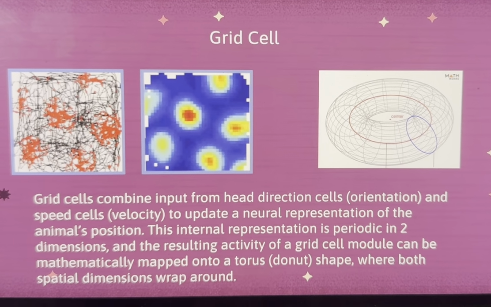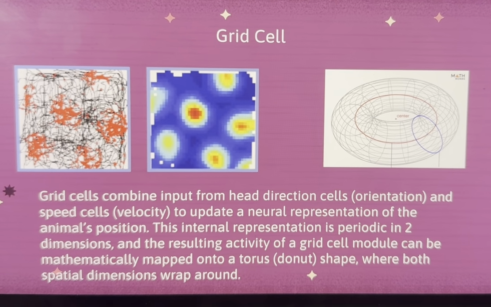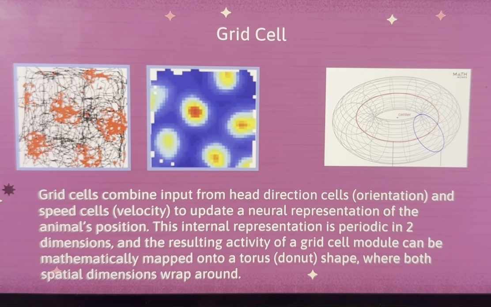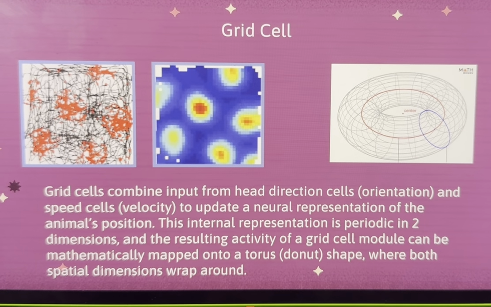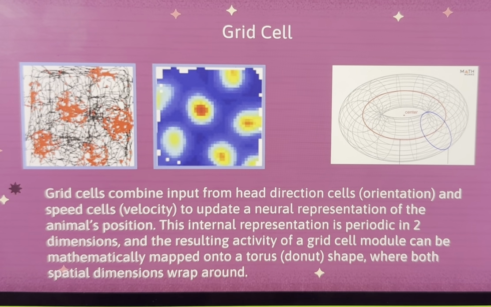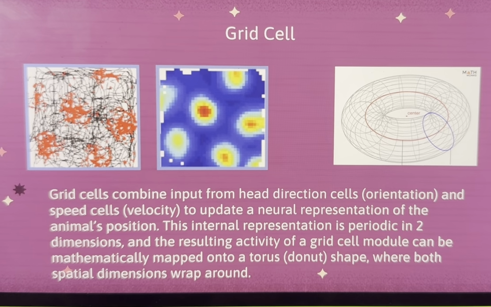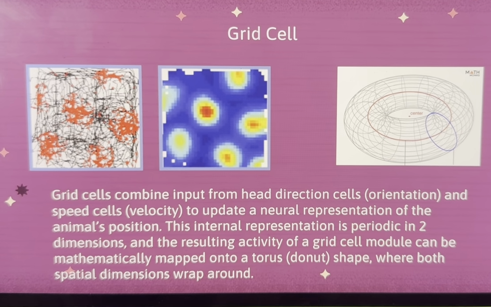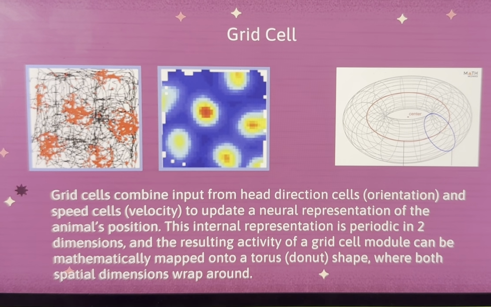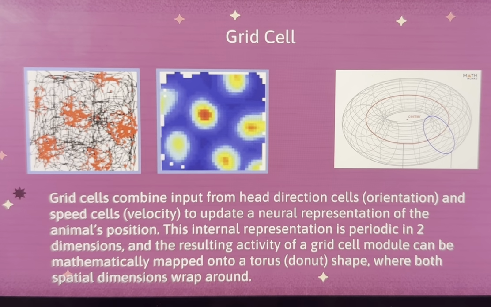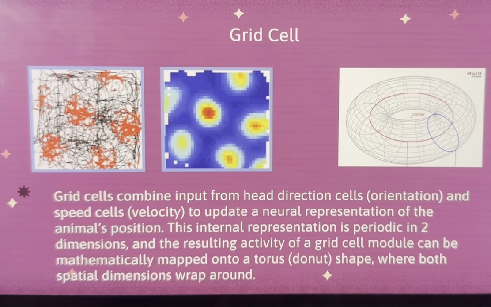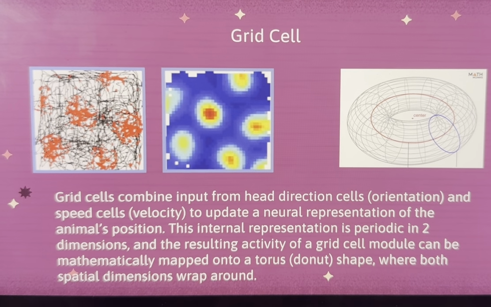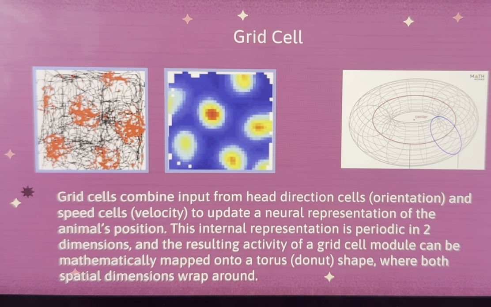So on the donut diagram, you can see that there are two axes. The red one is the first axis and the blue one is the second axis. They're both periodic because they go in a circle. That's why the grid pattern is repeating. And it's two-dimensional because there are two axes. So grid cells combine input from head direction cells and speed cells to update a neural representation of the animal's position.